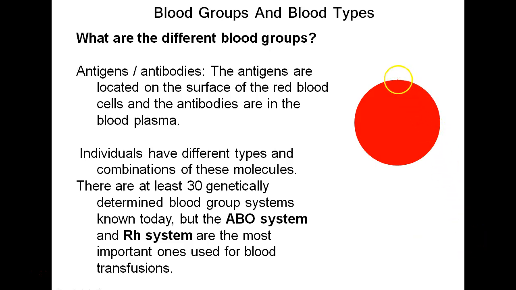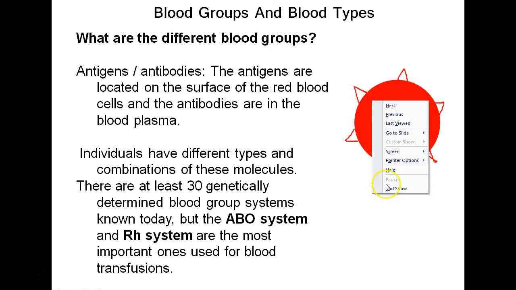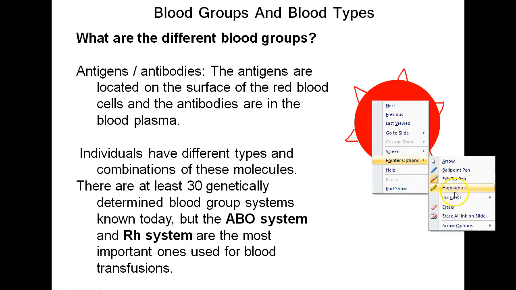And on the outside of this red blood cell are going to be certain biochemical structures. Here, I just happen to make them triangular in shape. Each red blood cell, or each group of red blood cells, has its own special group of antigens on the outside. So antigens are located on the surface of the red blood cells.